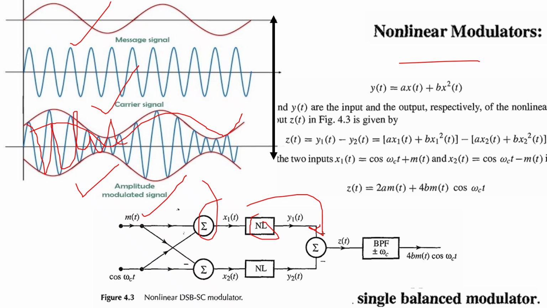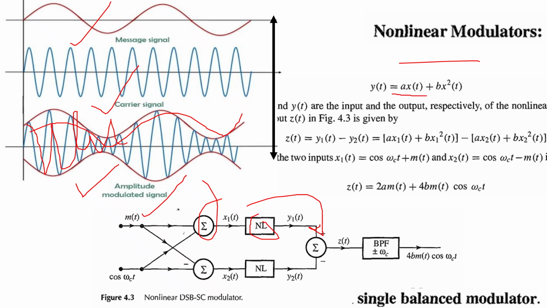Actually, how will you get it? The expression you can write: y(t) = a x(t) + b x²(t), right? So put the value like y1. In order to get y1 you can put a x1(t) plus b x1(t) all squared, right? And minus, again use the same expression here and put x2.